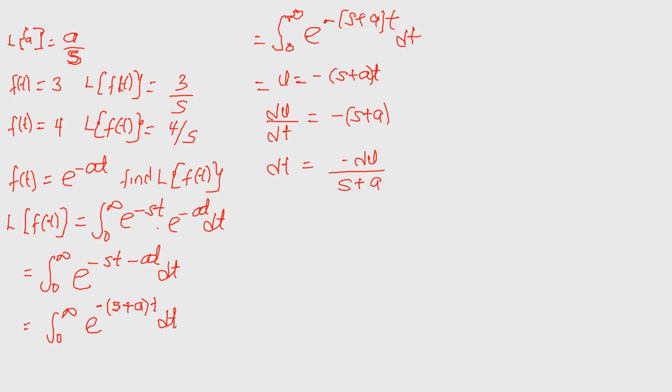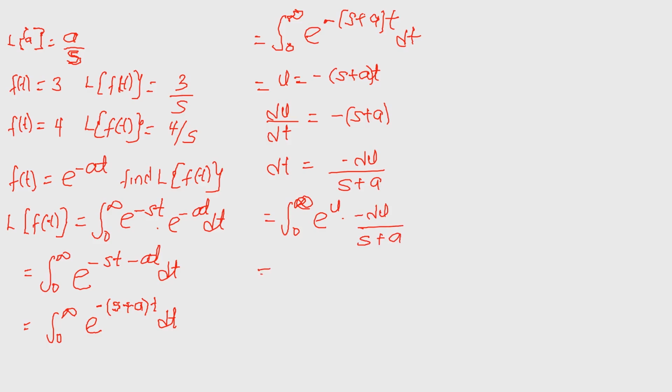So now when you take it back to the integral, you're going to have the integral from 0 to infinity of e raised to the power of u, then multiplied by dt, which is minus du over s plus a.